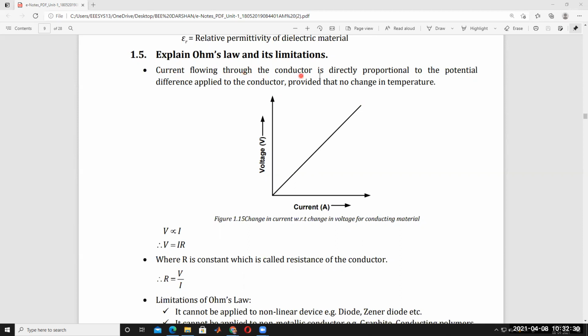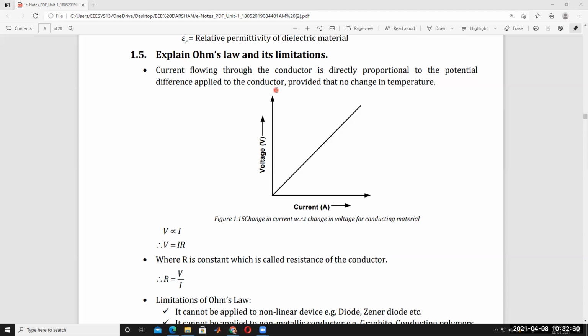Current flowing through the conductor is directly proportional to the potential difference applied to the conductor. That means the current is proportional to the potential difference between two points. For example, one side 12 volts, another side 7 volts.